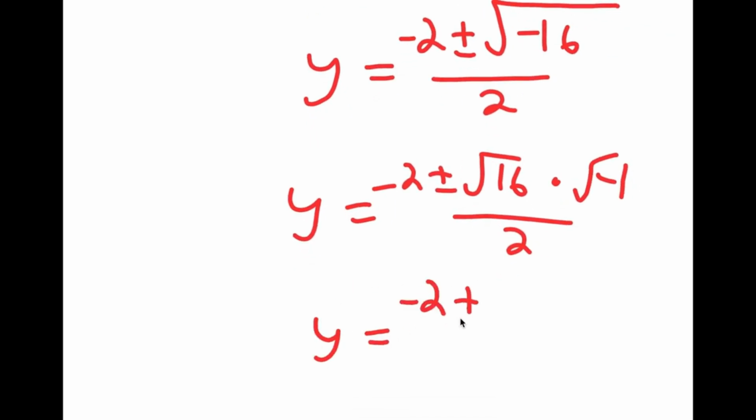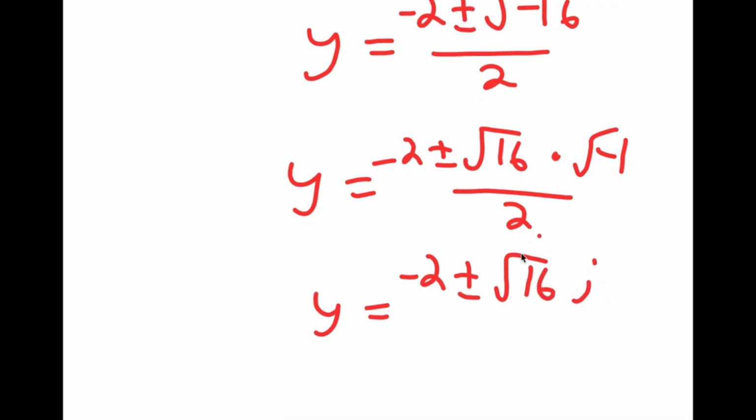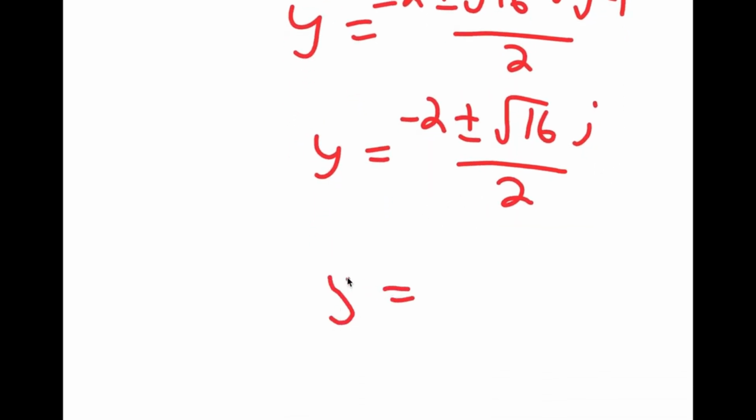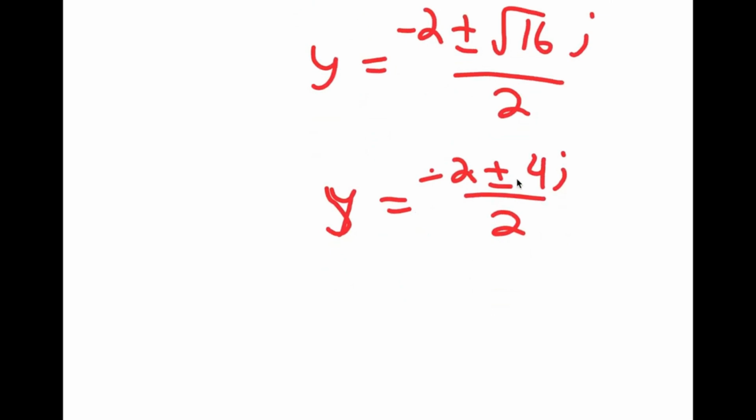And this is equal to negative 2 plus or minus the square root of 16 times i, because the square root of negative 1 is equal to i. And the square root of 16 is equal to 4. So I get y is equal to negative 2 plus or minus 4i over 2. Now if I divide 2 into both these terms, I get y equals negative 1 plus or minus 2i.